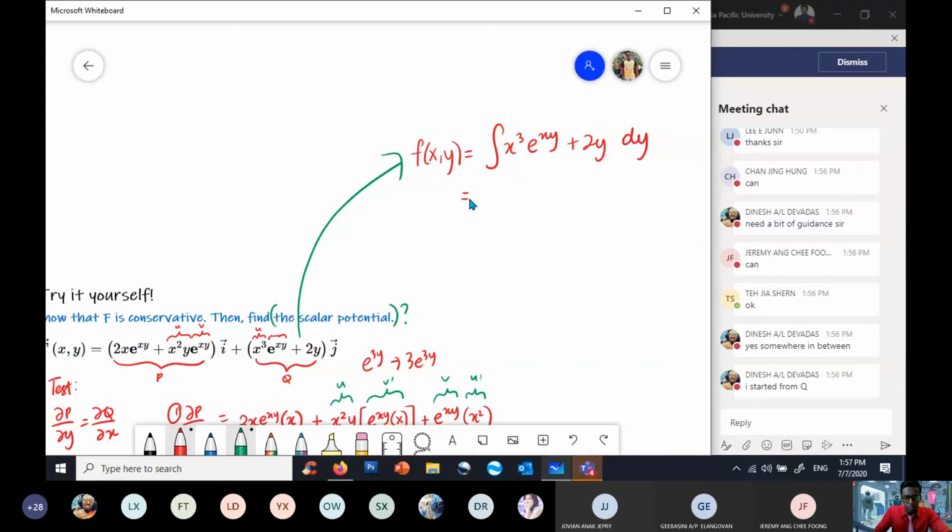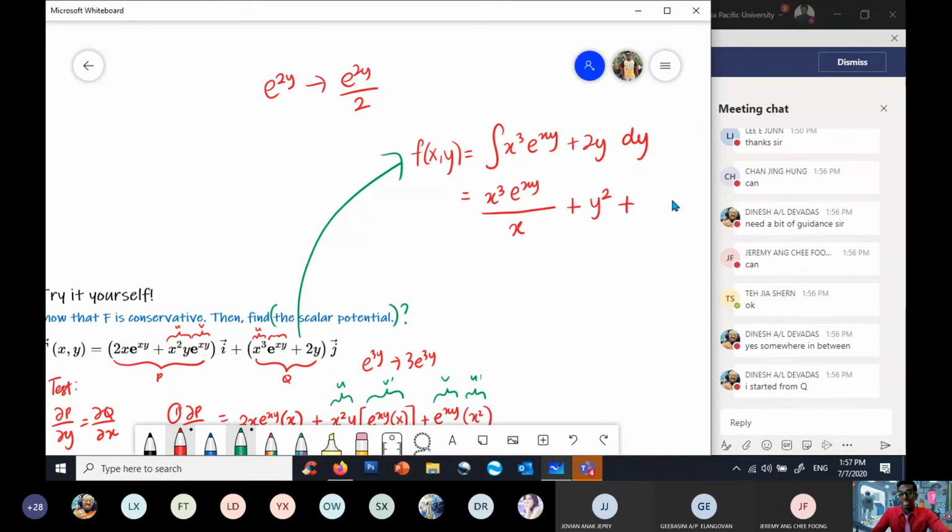So what do you get if you integrate this? x is just a constant, so we'll get back the same thing. e^(xy), if you integrate, you're going to get e^(xy) again, but you have to divide by x. Remember, if you integrate e to the power of 2y, it's going to be e^(2y) over 2, so same concept here. And for 2y, if you integrate, it's going to be y squared over 2. So the 2 and 2 cancel off, just y squared.